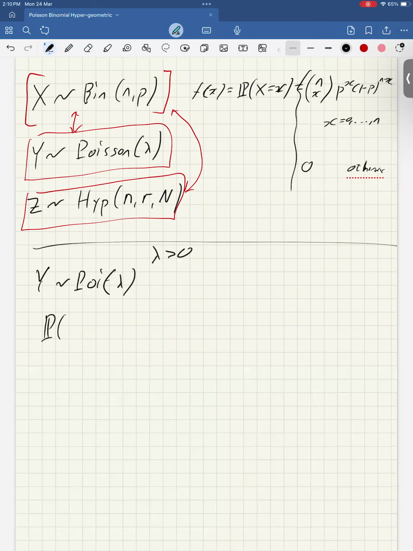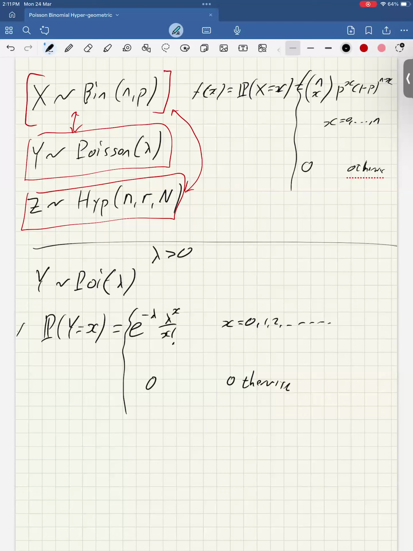The probability that Y equals x is e to the minus lambda, lambda to the power x divided by x factorial, and that is for x equaling 0, 1, 2, up to infinity, so all of the non-negative integers, and 0 otherwise. So that is the probability mass function of a Poisson random variable.